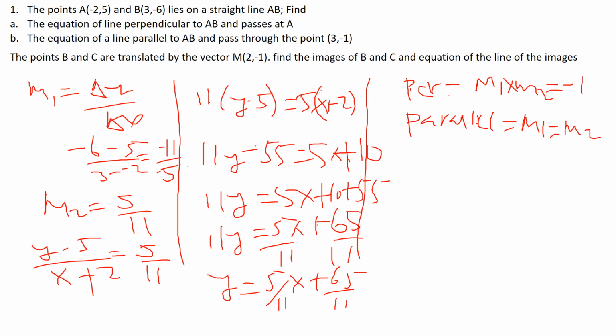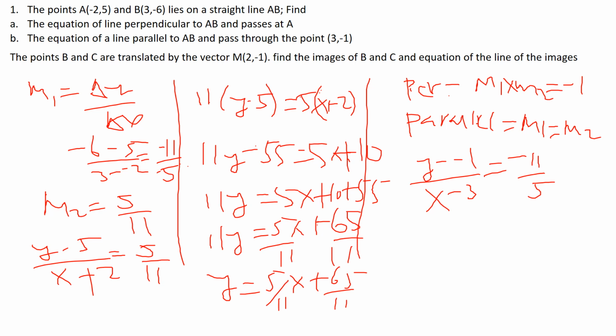They are the same. So the gradient of the two lines will be the same. So we have y minus 1 divided by x minus 3 giving the same gradient, negative 11 divided by 5.